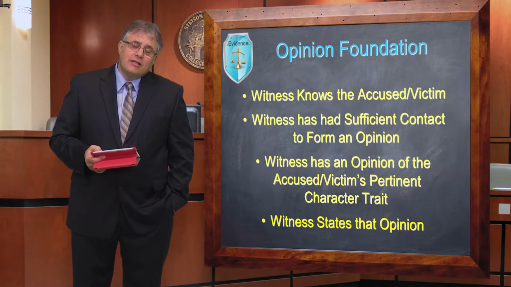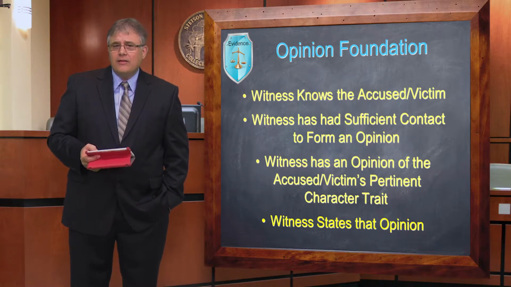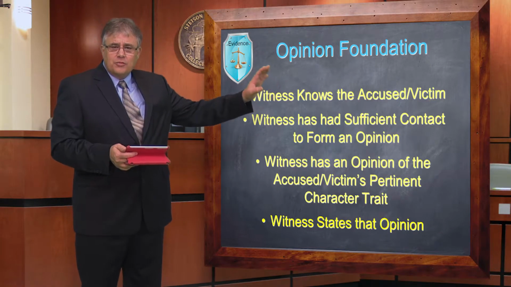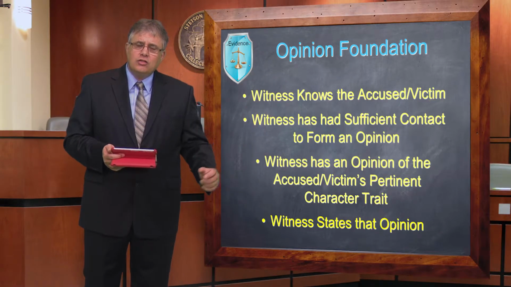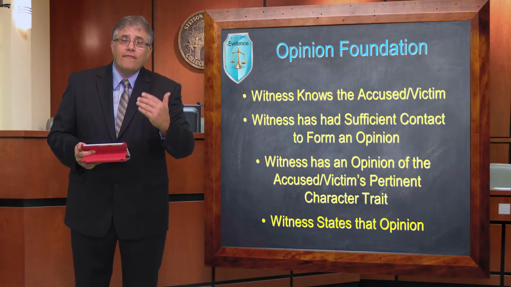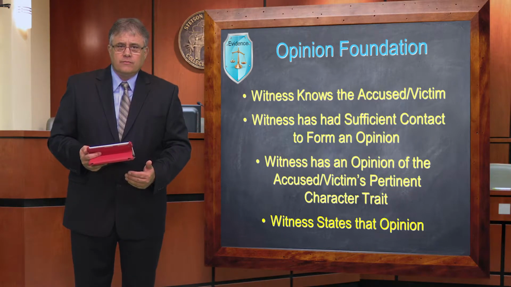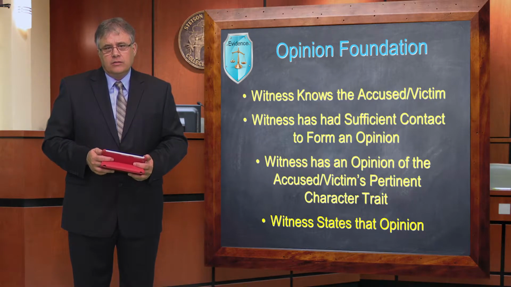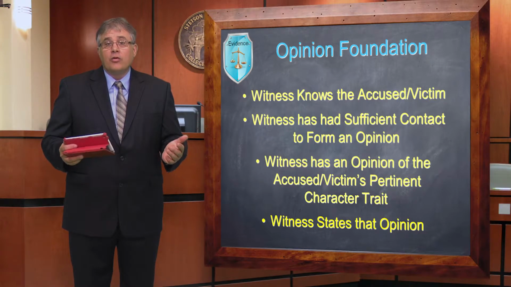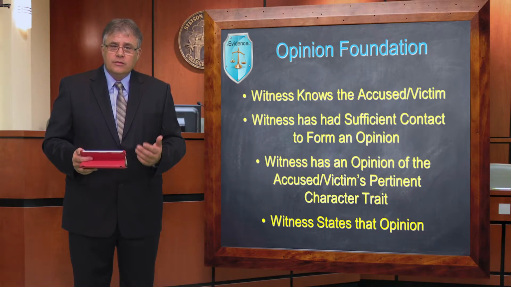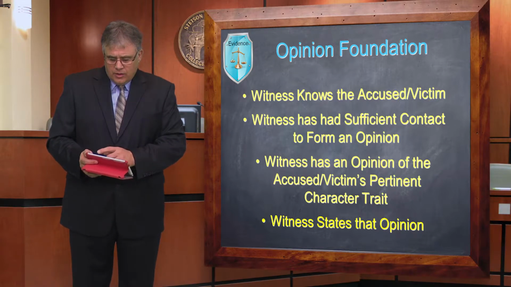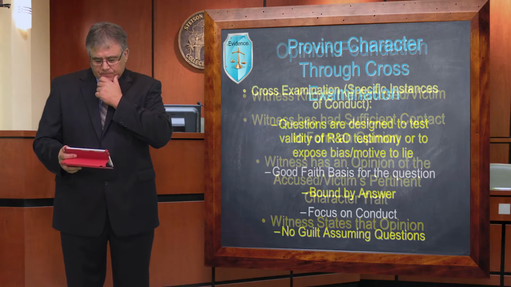I have to then establish that there is in fact an opinion that the witness has about that character trait, and then I have them state that opinion. The primary difference between opinion and reputation is that opinion testimony is derived from personal knowledge. Florida does not allow opinion testimony as to a pertinent character trait in a state court. The federal courts do. And that's a specific difference in the application of the evidentiary code within those two jurisdictions.